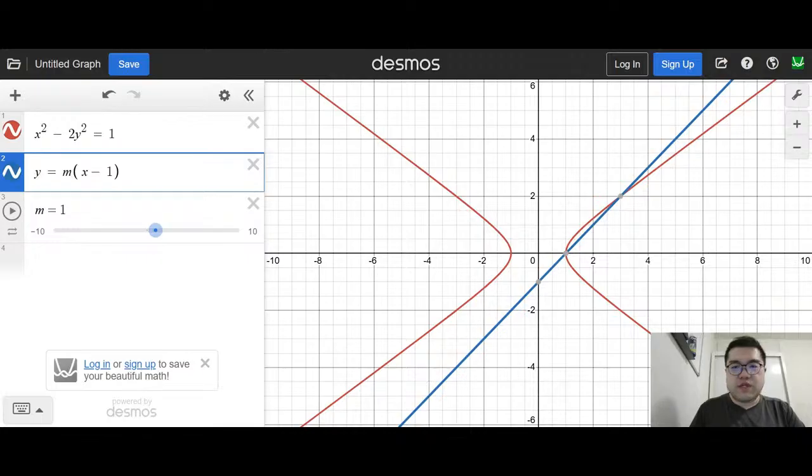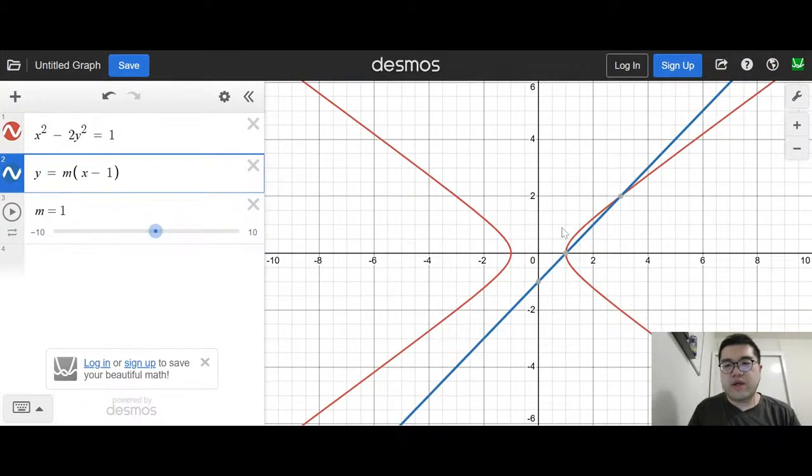Let's see if there's any setup where L intersects the curve. In this case, we see that the other point is here: (3, 2) when m is equal to 1.